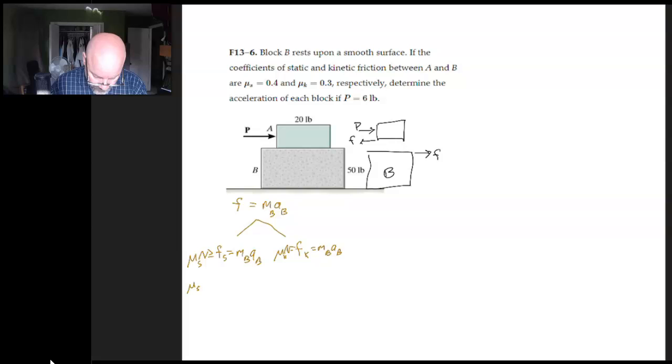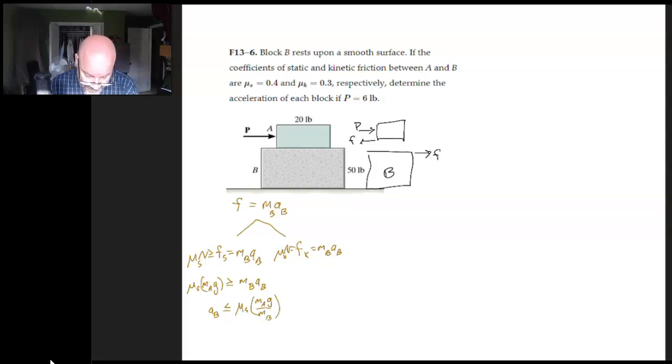Static, and that's going to be M_A g, greater than or equal to M_B A_B. And so our acceleration, A_B, is going to have to be less than or equal to mu_S M_A g over M_B.